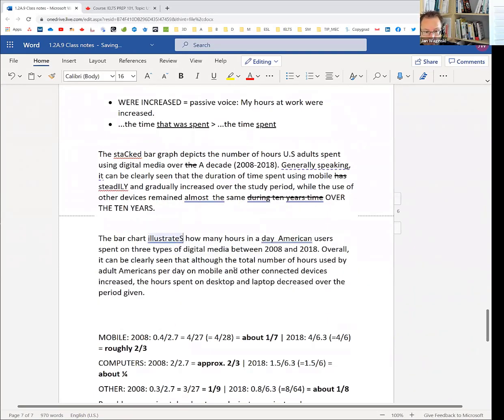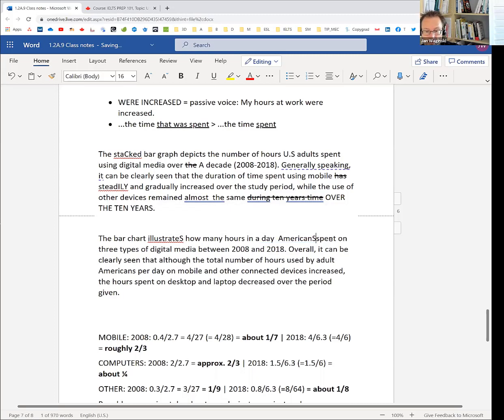Illustrates how many hours in a day American users... I would just say Americans, just to clean it up a little bit. Americans spent on 3 types of digital media between 2008 and 2000. See, it's not digital media.